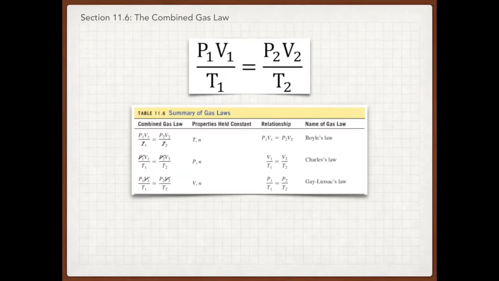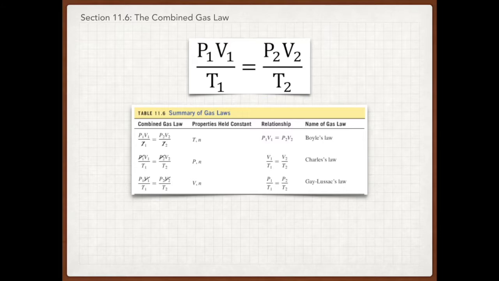Your last gas law is the combined gas law. If you notice, it takes all the gas laws that we looked at and combines them together. You can get every single one of the gas laws we've talked about from the combined gas law. For example, if your temperature stays constant, meaning you ignore T1 and T2 because it stays the same, you've got Boyle's law, P1V1 equals P2V2, which shows that pressure and volume are inversely related.